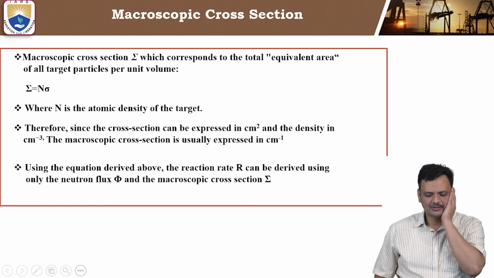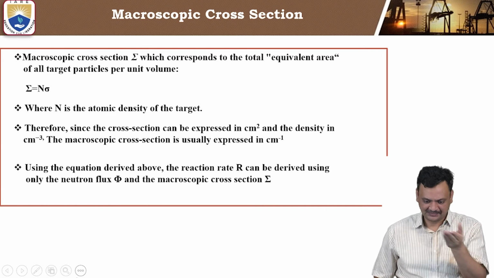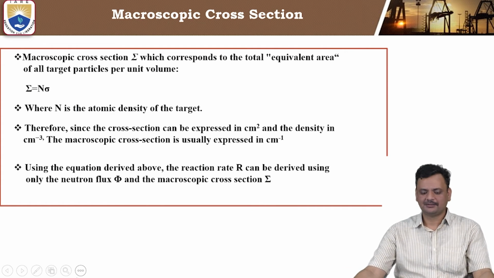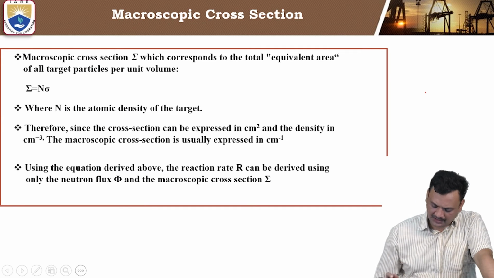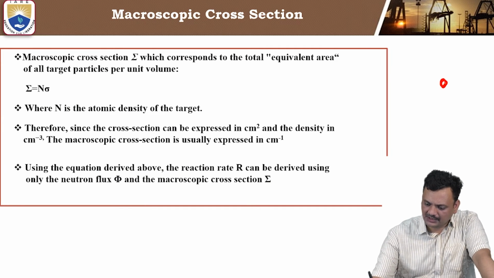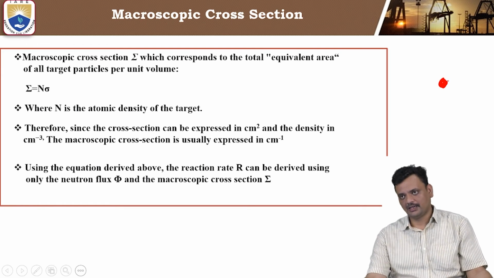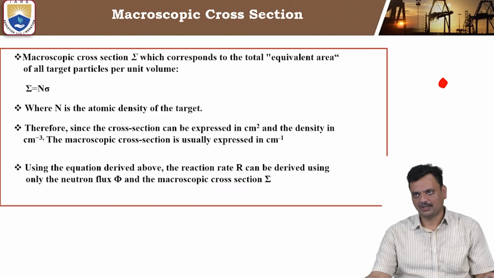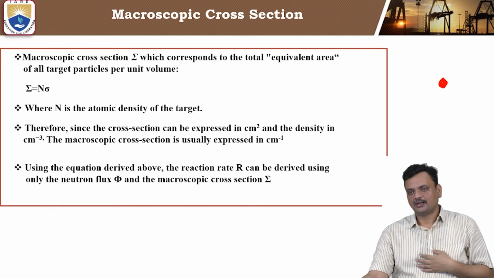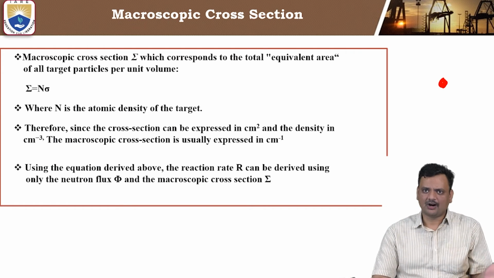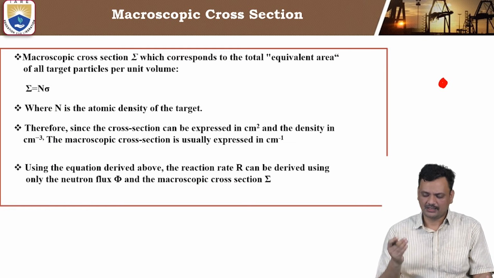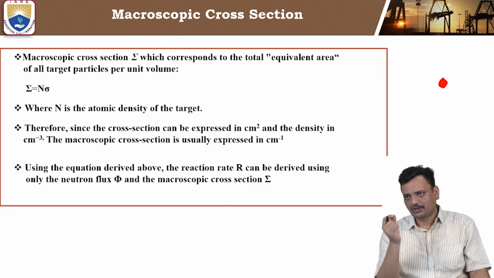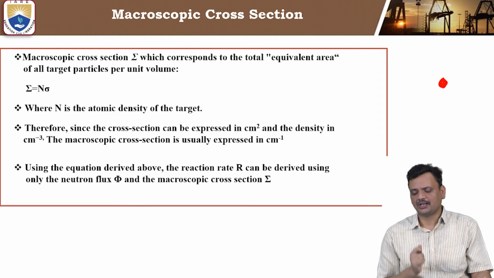Okay, so that thing is defined here. So suppose in the previous example I considered a single nucleus. I gave the example of a single nucleus to normalize everything, means it is easy to understand when I took the example of a single nucleus.